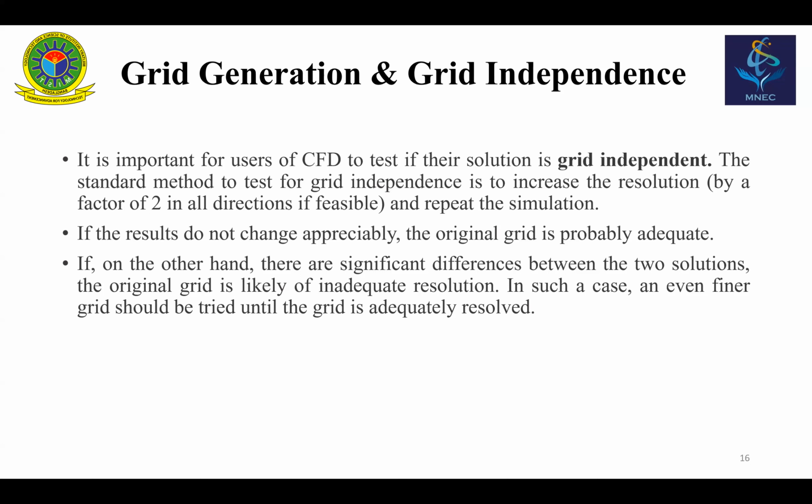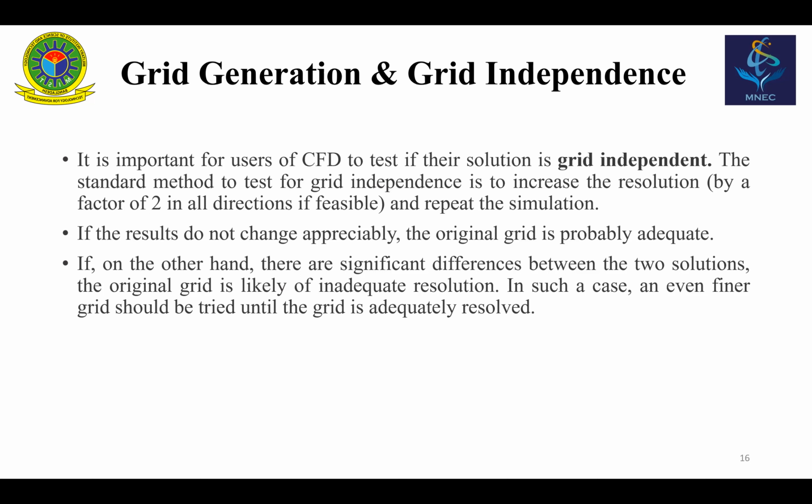So what is the node number that I have to choose? Can anyone please tell? Sir, minimum 70,000, but more will be better. Okay, he's quite correct, because we have to take a minimum of 70,000.